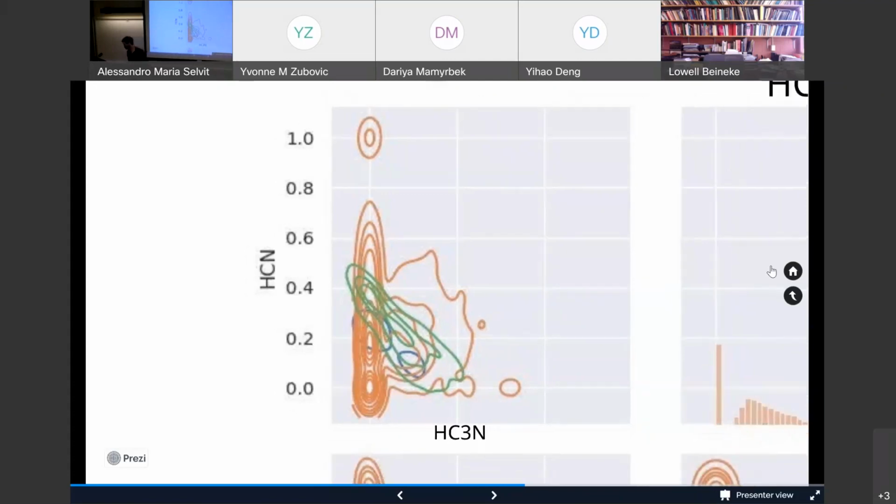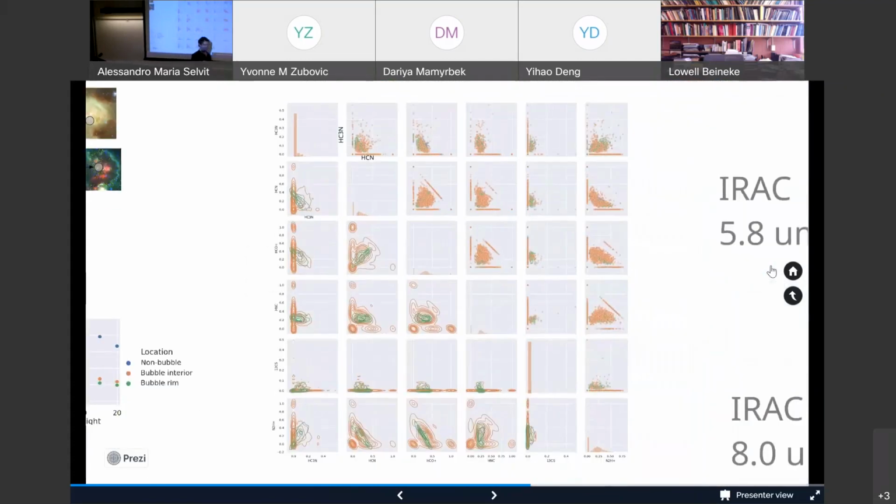However, I will claim that there are enough patterns that are sometimes much narrower or better developed for rim or interior compared to not bubble associated, that the neural network has some justification when it notices enough of these patterns to build up a probability that a single source might be rim or might be interior.